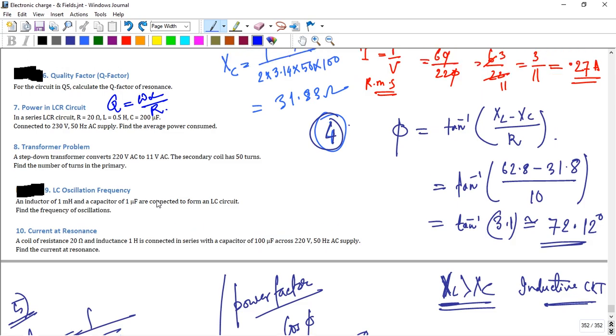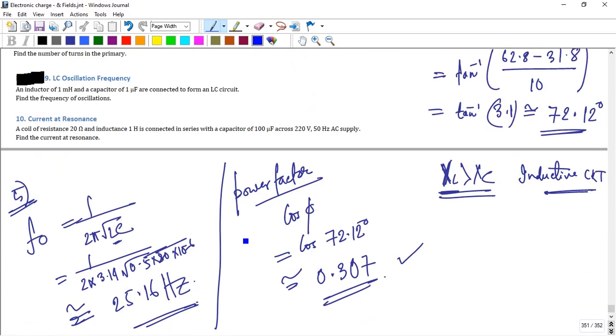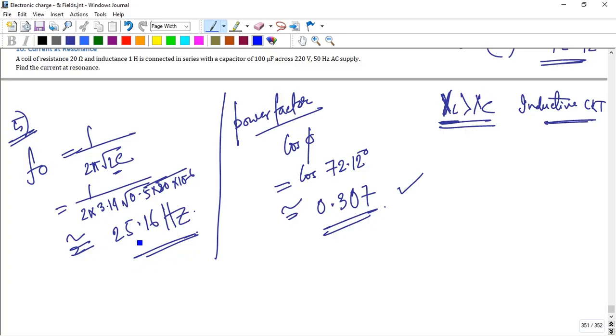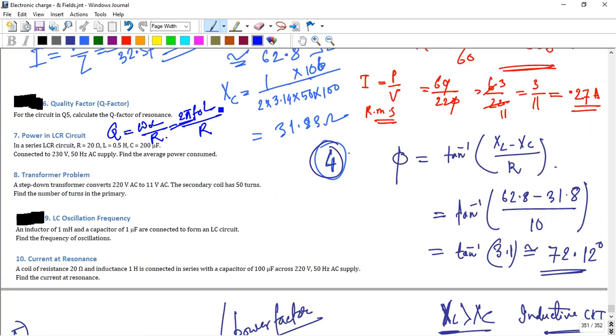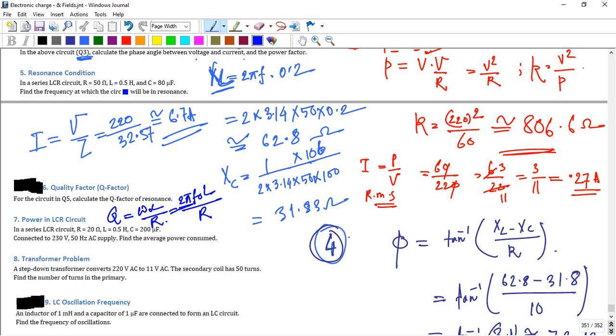So Q equals 2 pi F naught L by R, with 2 pi as 3.14, resonance frequency 25.16 Hertz, L is 0.5 Henry, and R is 50 ohm, and we get the Q value. That's a homework problem. Solve this with the help of a calculator and put the answer in the comment section. I will check that.